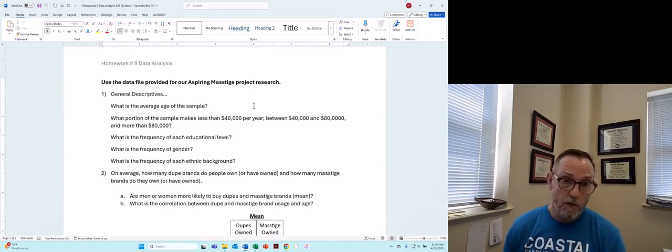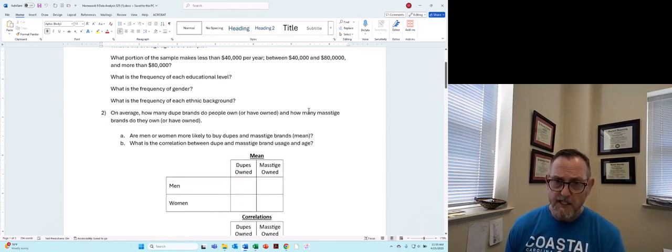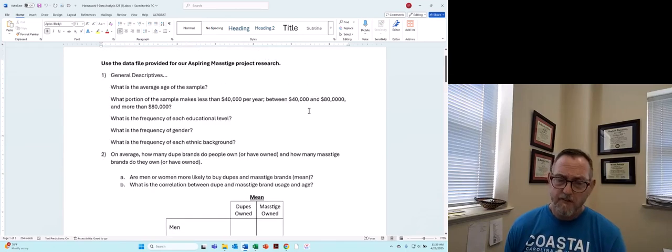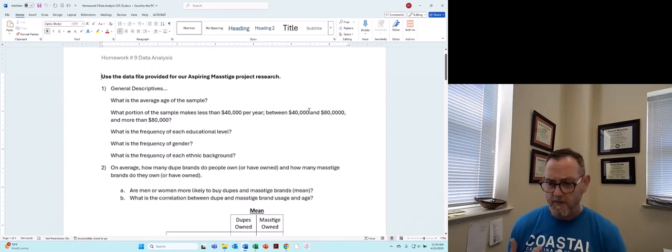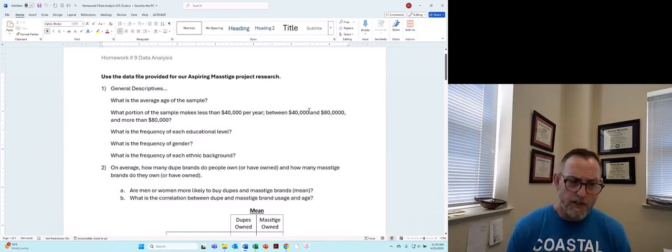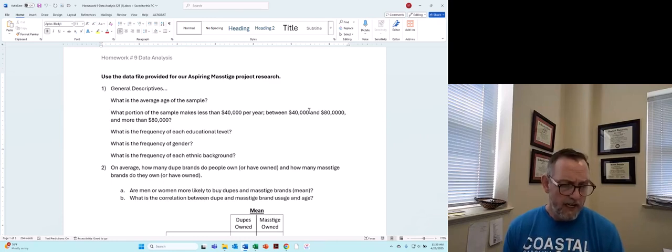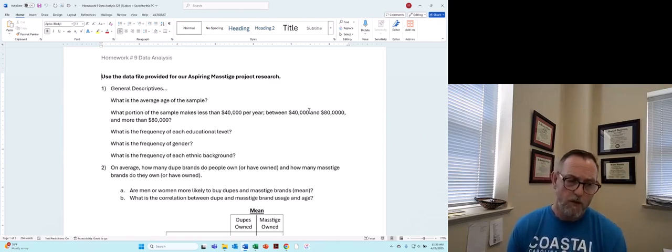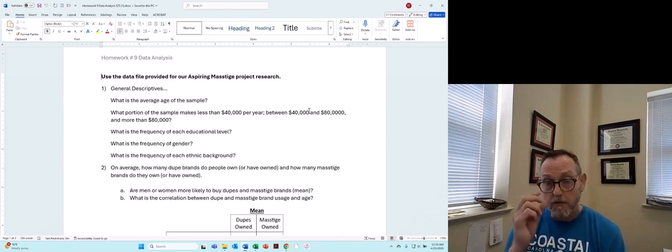What I have for the homework assignment is the Word document that lists the assignment, the questions. There are 5 or 6 questions. This is an analysis portion where as a researcher you ask questions and then you look in the data to answer those questions, and those questions should correspond with what the client's looking for.